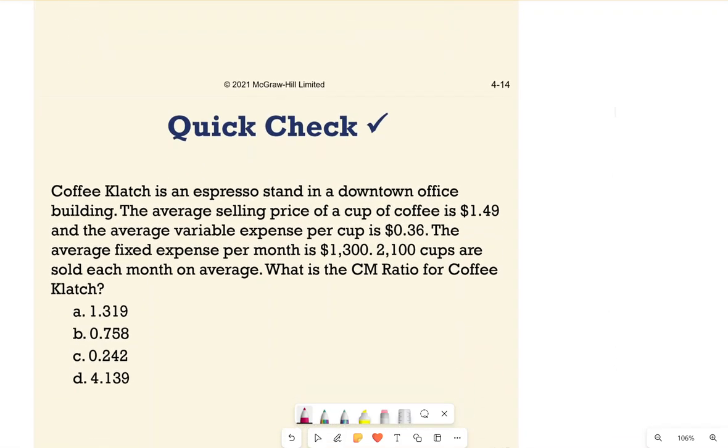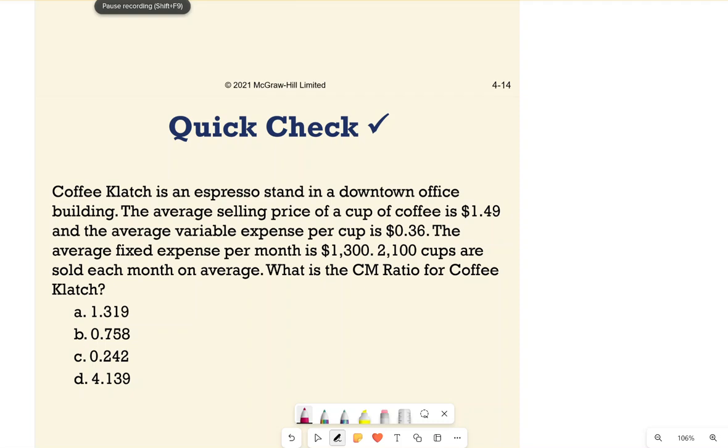Going further, let's do a reference check. What is the contribution margin ratio? We're looking for a ratio. We know the selling price is at the bottom and the contribution margin is at the top. We have a selling price of $1.49.